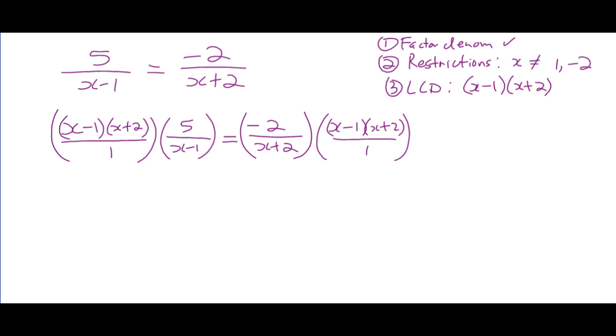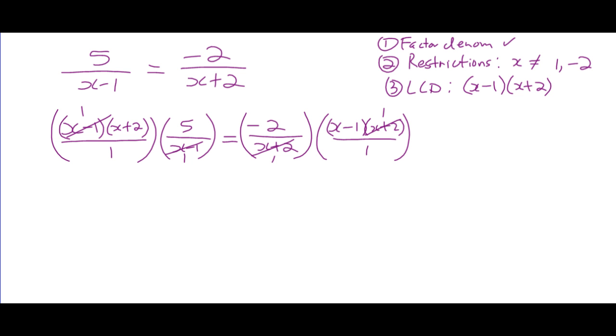Remember, what are we aiming for? We want every denominator to be a 1. This is already a 1, so I'm not doing anything. I can take the x minus 1 and cancel it, and it becomes a 1. x minus 1 goes into itself once. The same deal with the x plus 2s.